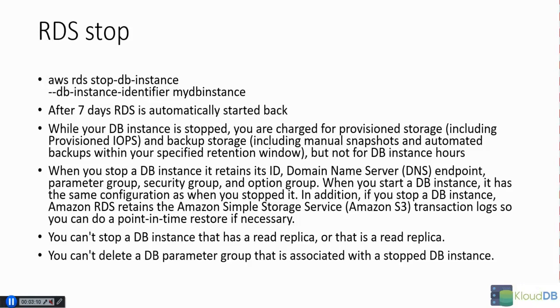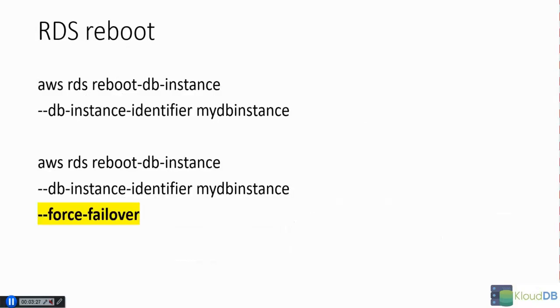Although the instance is stopped, it may still need that parameter group in the future when it's started back. For that reason, you're not allowed to delete that parameter group. We have seen how to stop the instance and some of the important things to note regarding stopping the instance.